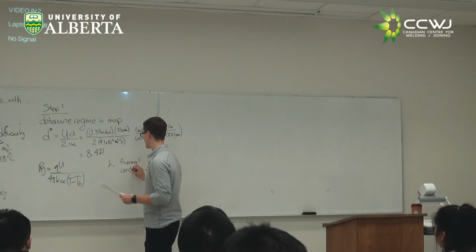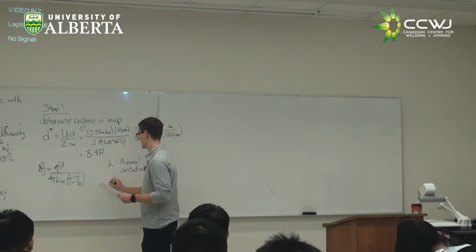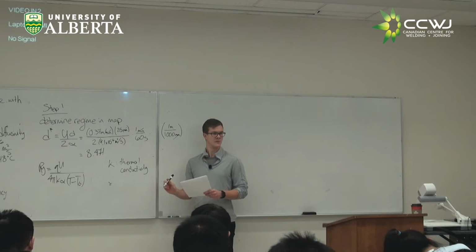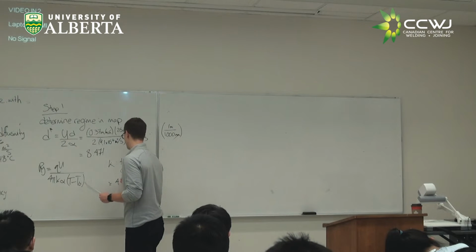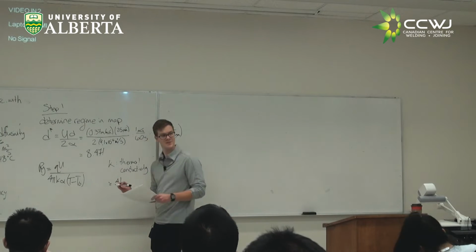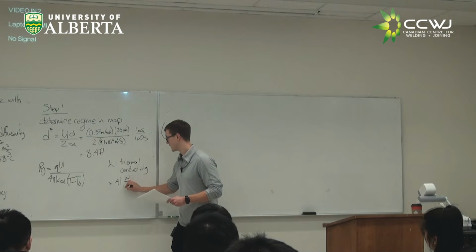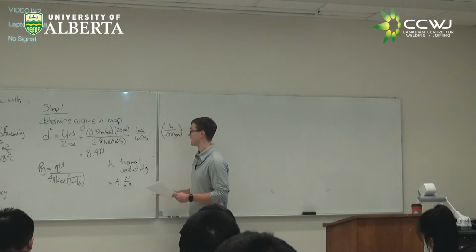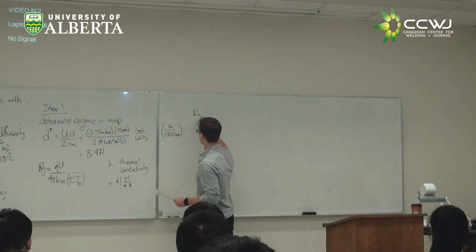And for steel, what would our thermal conductivity be approximately? 41? Sounds good. And units? Okay. So now we have all the information we need to calculate our Rykalin number.